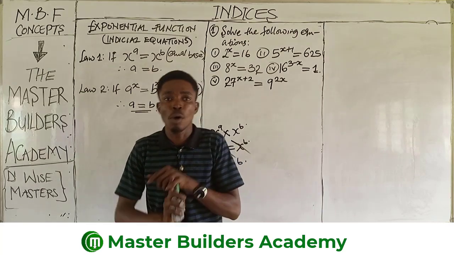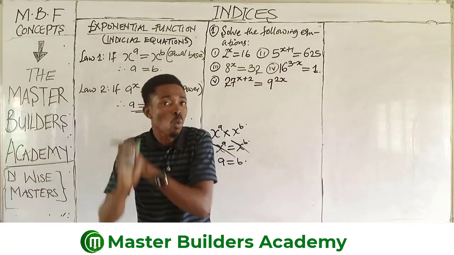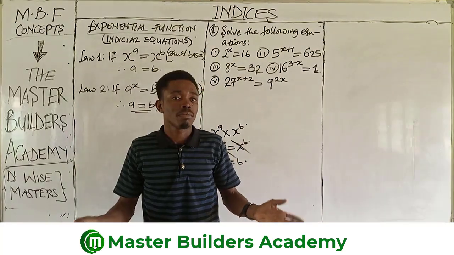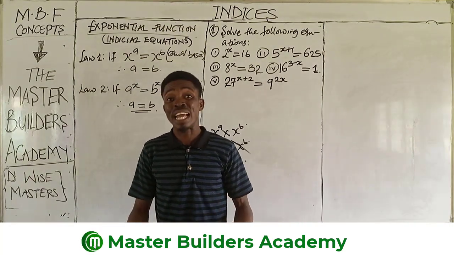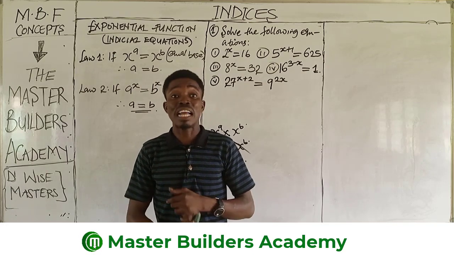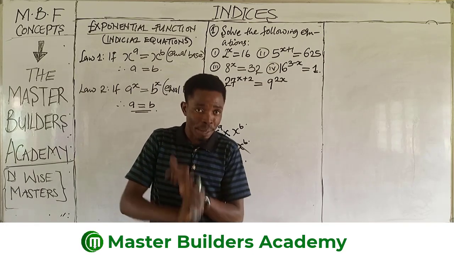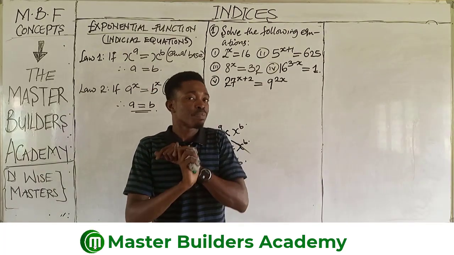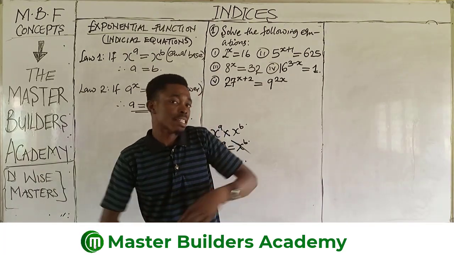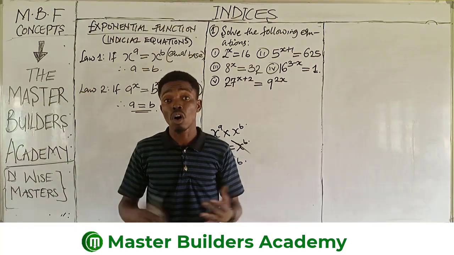You must ensure that both sides have one base each. This is the ground on which you can apply either law 1 or law 2, depending on the value. If it is possible to have equal base, then law 1 is suitable. If it is not possible, but we can deduce this to have equal powers, then we are good to go.